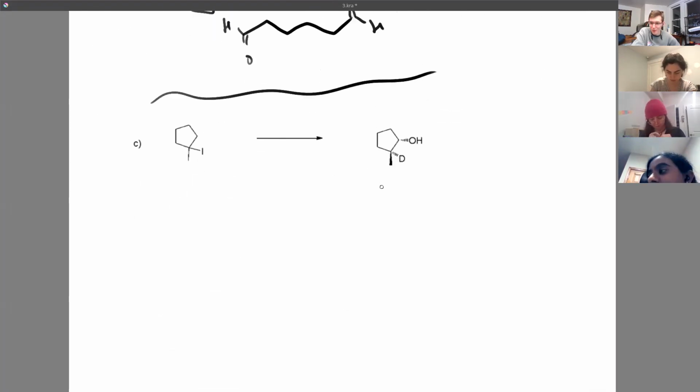Anyway, let's go down to here. Okay. And this is going to be ugly, because we have this alcohol and we have a deuterium and there's syn, and so we're supposed to get the same stereochemistry. We're supposed to care about stereochemistry.